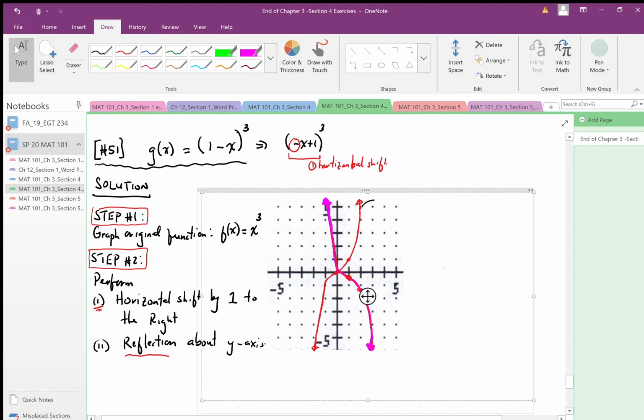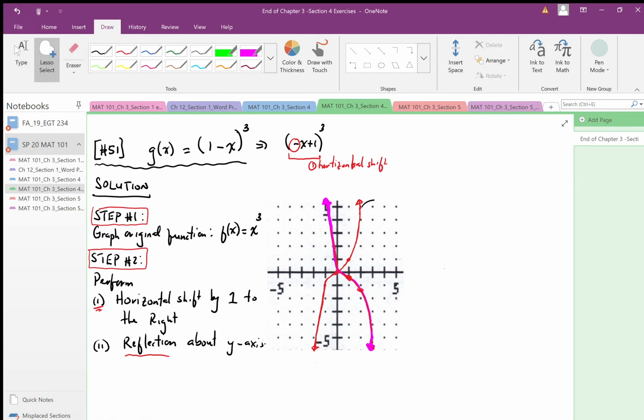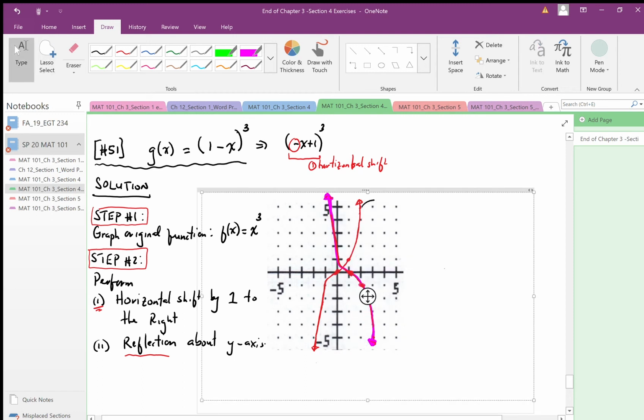But I'm going to have to move this over by 1. I mean, it's at 1, but I just had to make sure it lines up with 1.